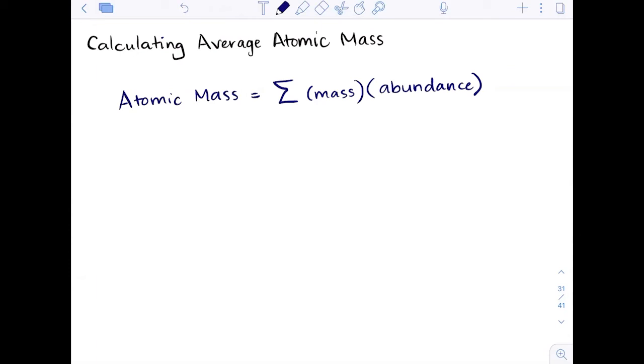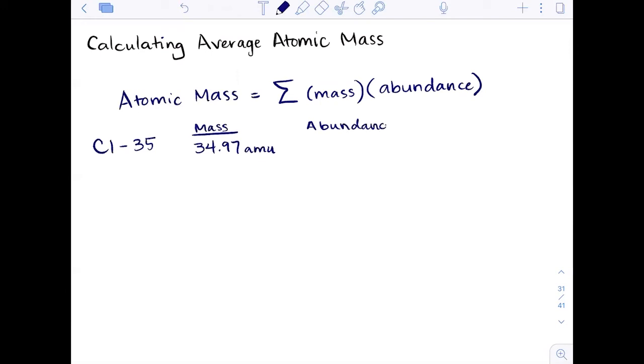So an example, chlorine 35 has a mass very, very close to 35. We're trying to be as specific as possible with our data. So we'll give you the actual data that we would see from a mass spectrometer.